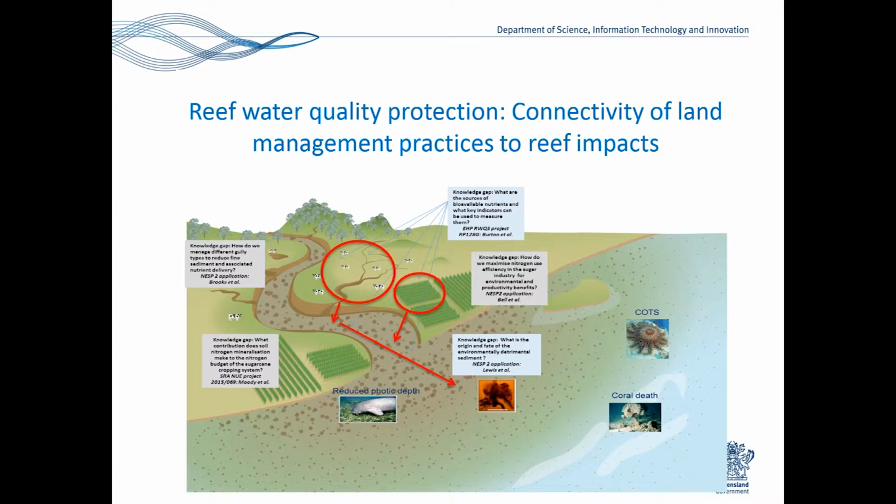the reef. One of the issues which has become clear in the last little while is the importance of sediment on reef water quality, and more so not just the quantity of the sediment, but the quality of that sediment and sediment size.